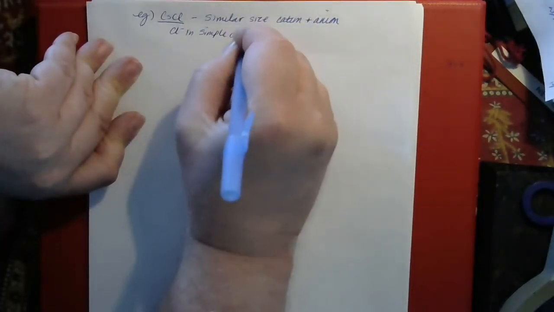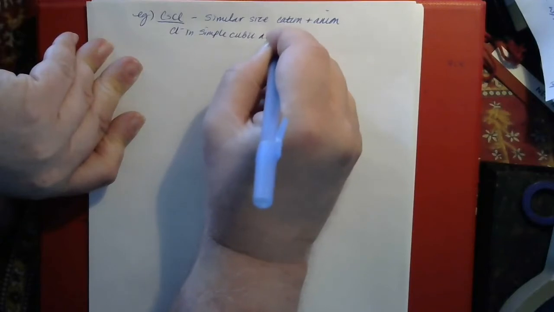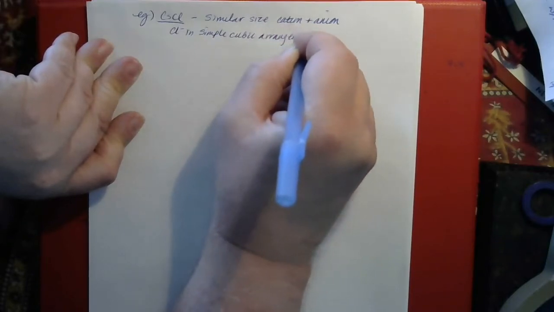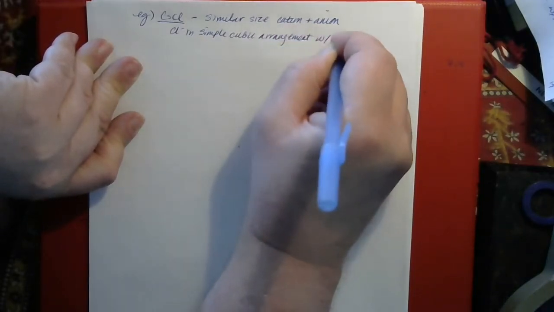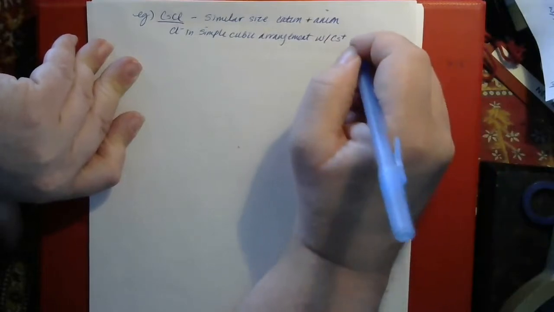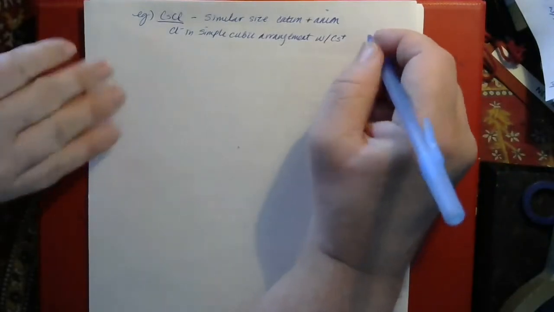And what you find is that the chloride ions are in a simple cubic arrangement, with cesium ions at the body center.